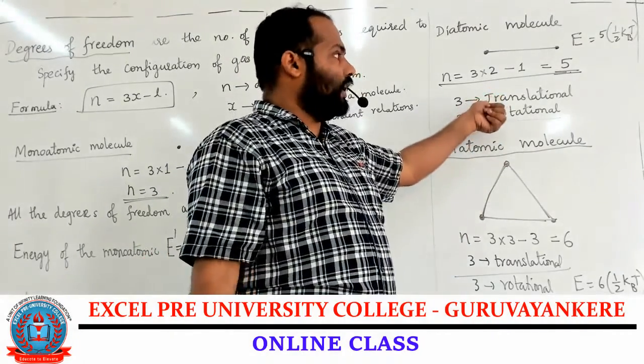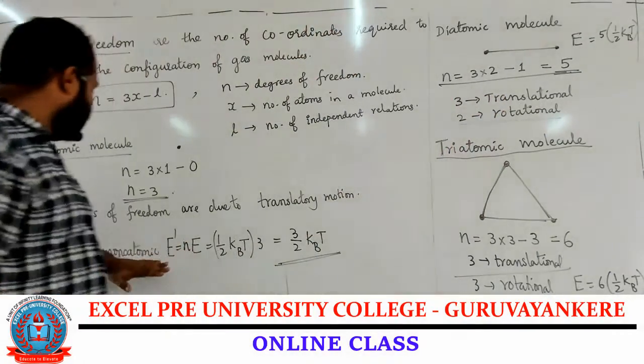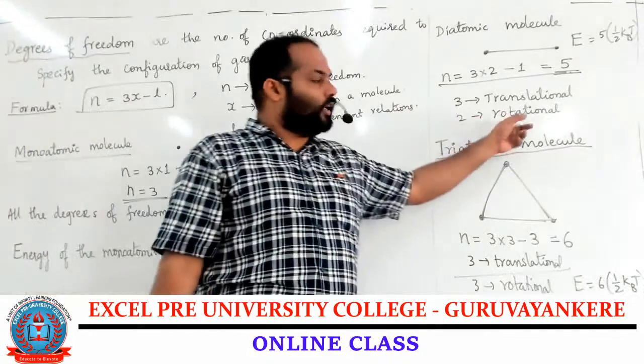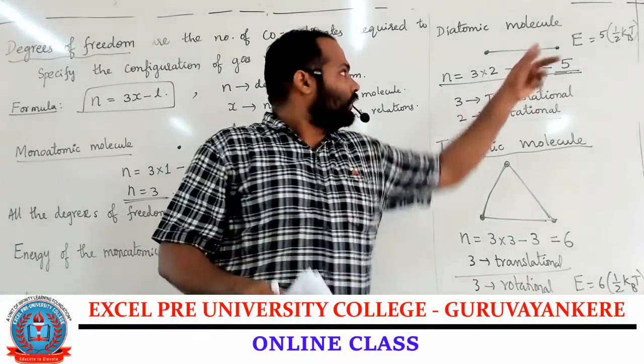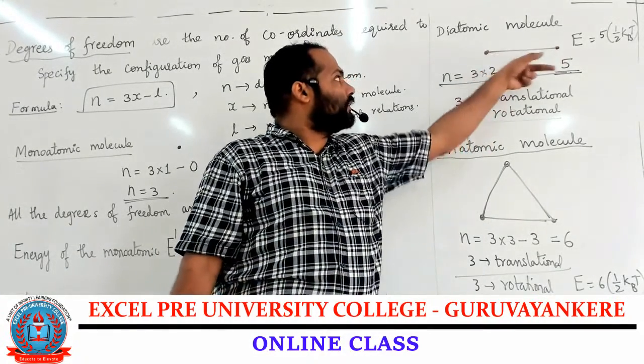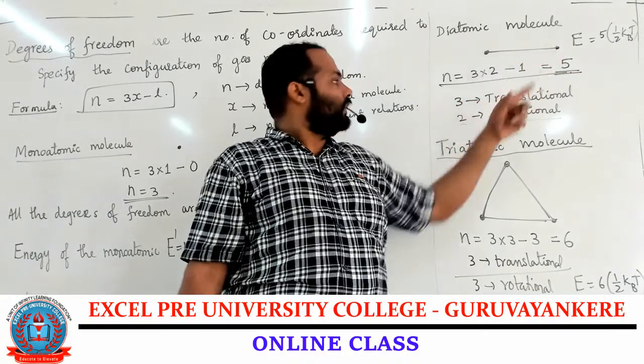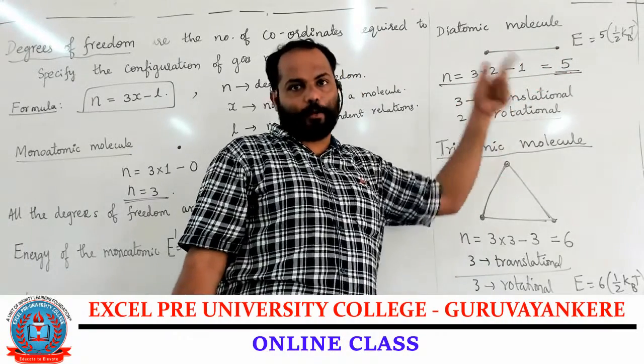In monoatomic we have seen only translational motion degrees of freedom. But when connected, there is also rotational, because this atom is confined to the connected axis, and this atom is confined to it as well. Hence the rotation tries to take place.